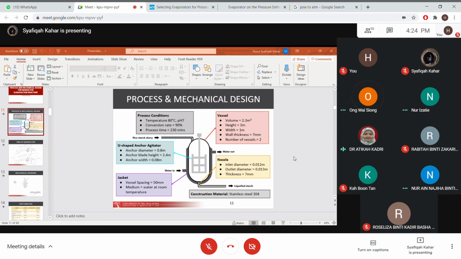Okay. Now my question is, do you think your impeller has to be further than your liquid level in the vessel? I think the agitator impeller may not really need to be higher than the liquid level. Okay, right. So in this case, your anchor diameter is 0.8 meter.